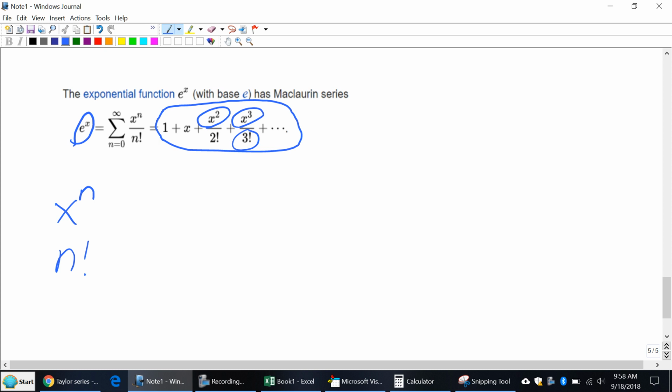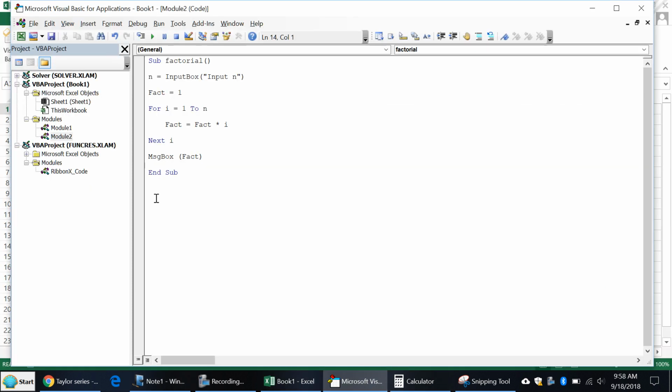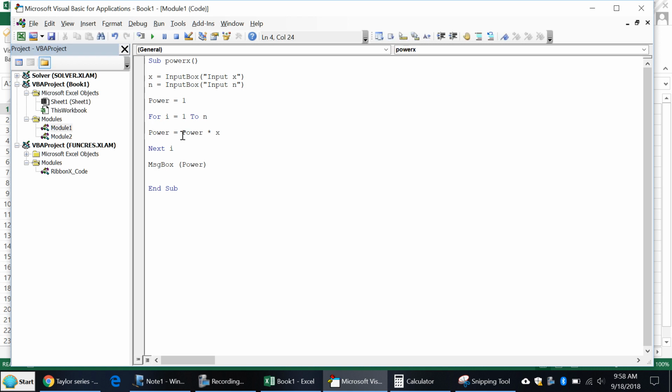Look at the functions we just wrote for a moment. All this is counting, for i equals 1, 2, 3, 4, 5, all the way to n, and all this is multiplication. From that, we were able to raise one number to another power.